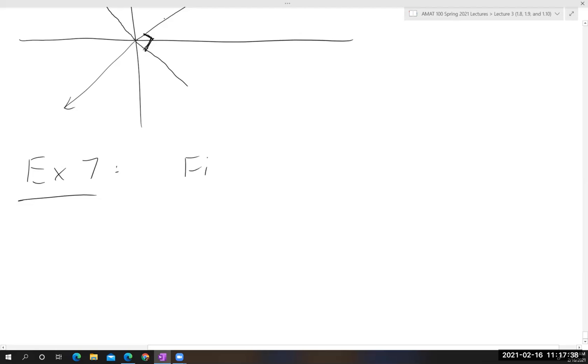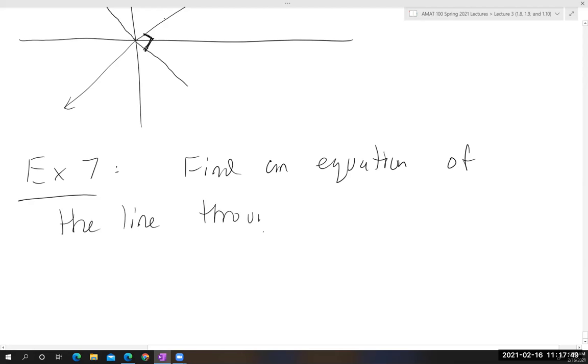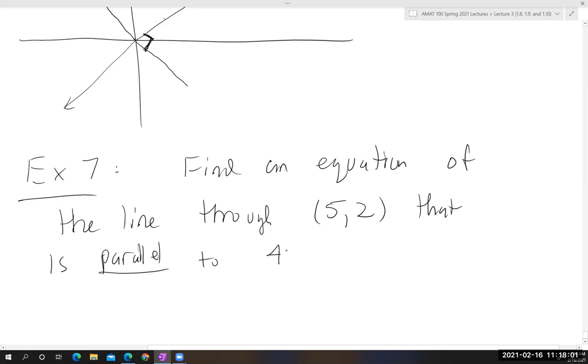We're asked to find an equation of the line through the point (5, 2) that is parallel to this line: 4x plus 6y plus 5 is equal to 0.